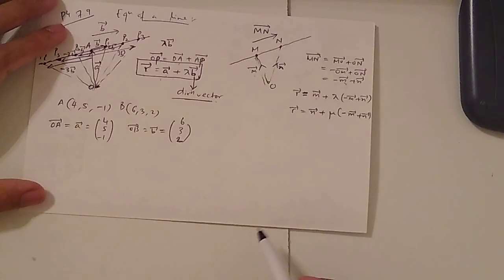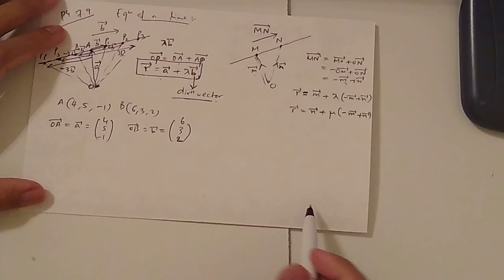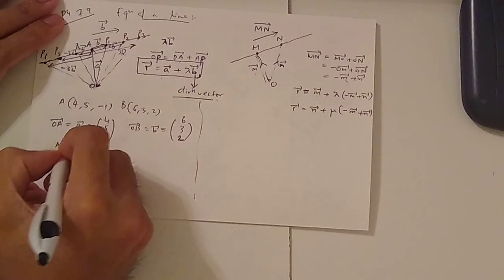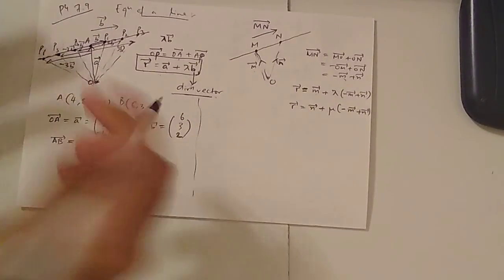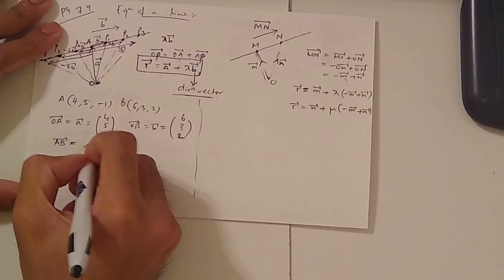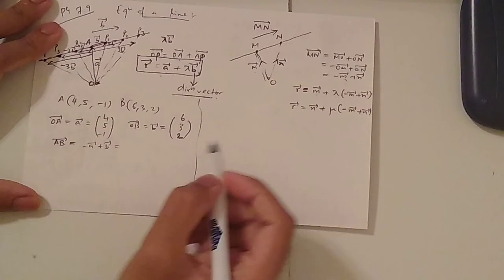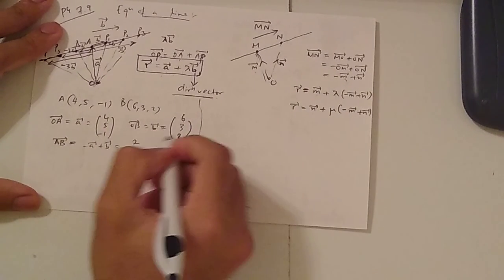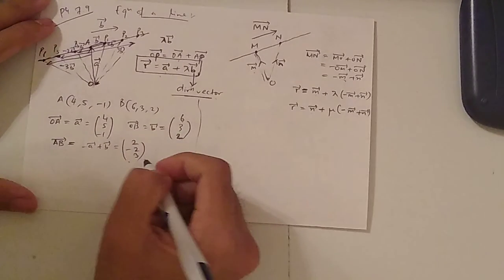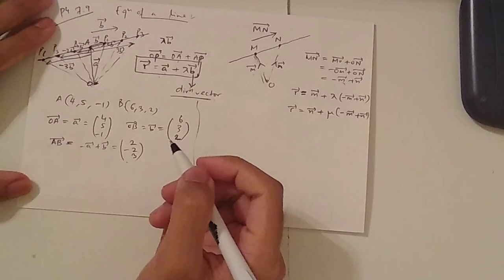The direction vector can be given by AB or BA. It does not make a difference which one you use, because both AB and BA are parallel to the line. If you use AB, it is equal to minus A plus B, which equals 2, minus 2, 3.